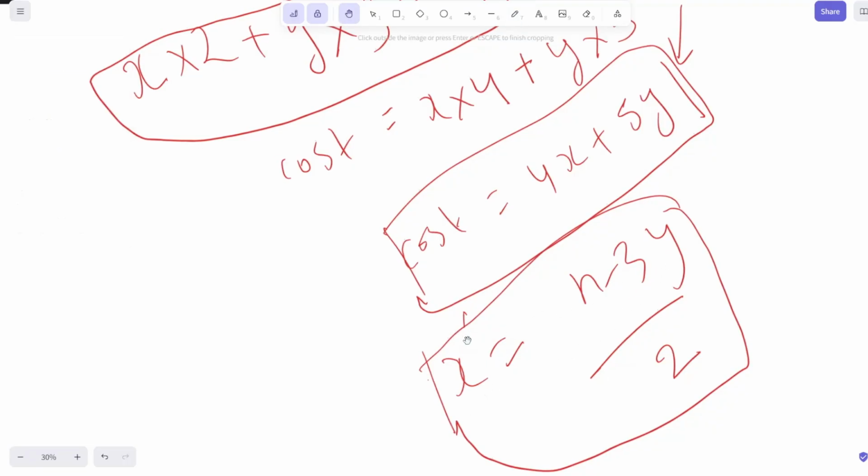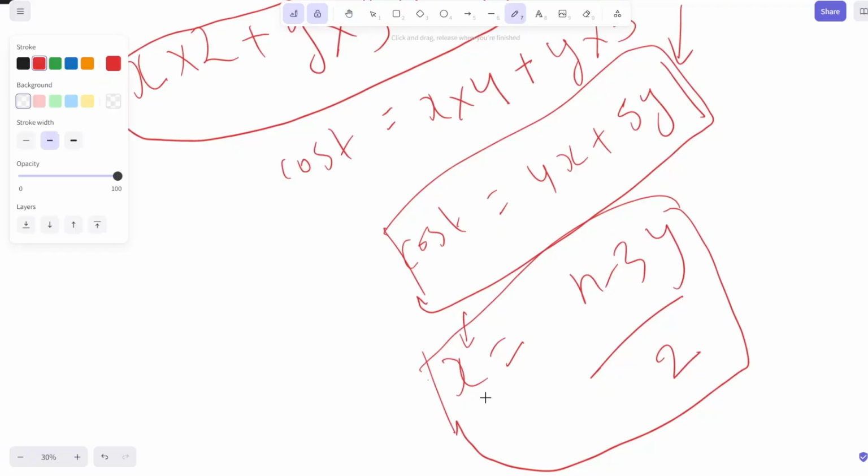But keep a note that this value of x is acceptable only when the expression n minus 3y is divisible by 2. Otherwise, that value of y is not accepted, because in that case you will not be able to buy exactly n flowers. There will be fewer flowers because this division is floor division.